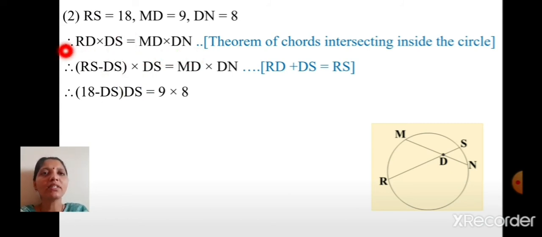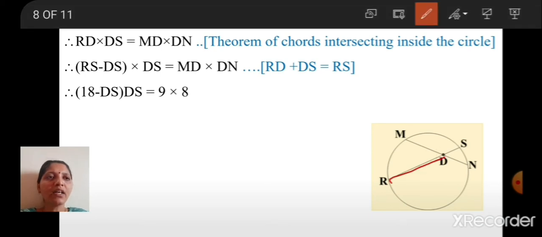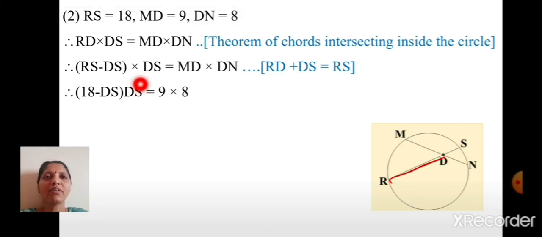Now this RD you can write as RS minus DS, so that I have written here into DS is equal to MD into DN. Because RS is equal to RD plus DS. Now RS we know, so substitute the value here: 18 minus DS into DS is equal to 9 into 8.